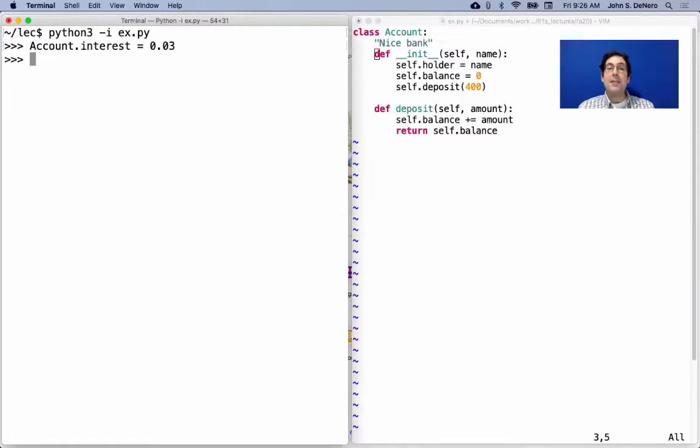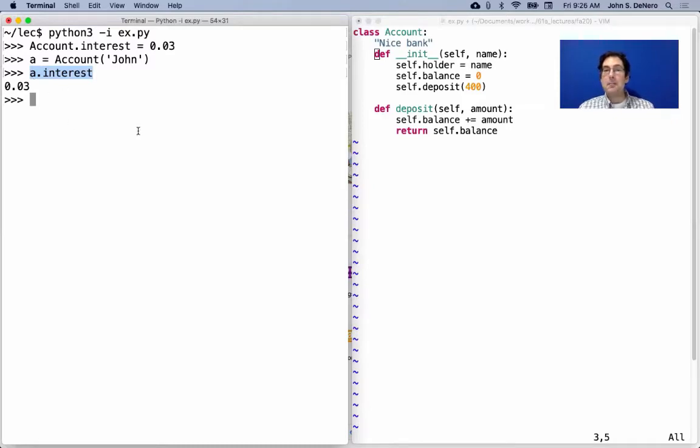Okay, so now that the account class has an interest, every instance of this class will also have an interest. If I make one of these, it has an interest. But this is actually not an instance attribute, it's a class attribute. There's no real way to tell that based on how we used it here.